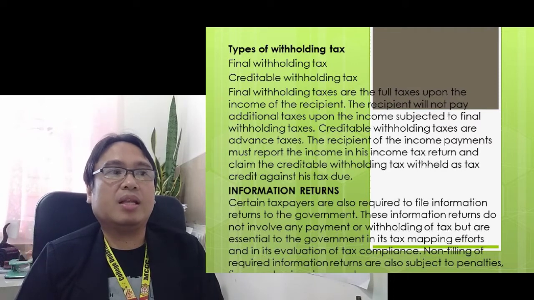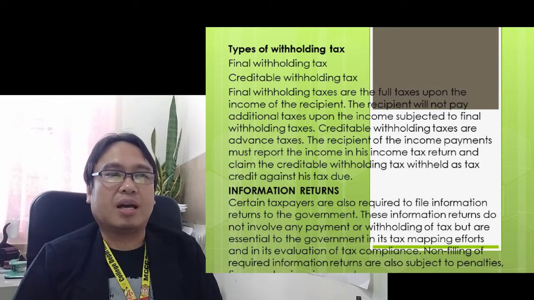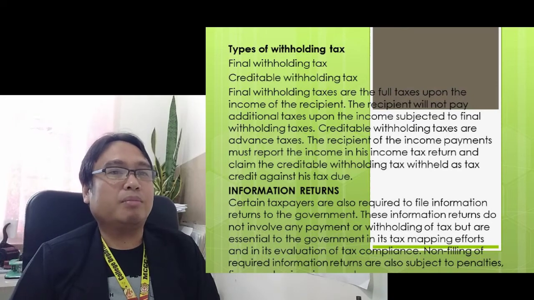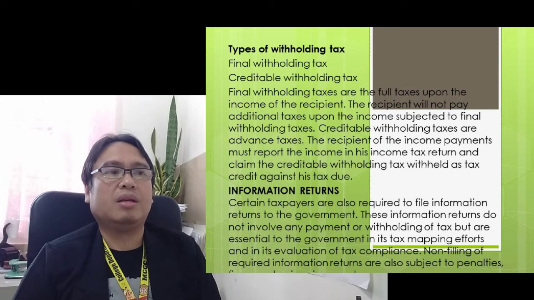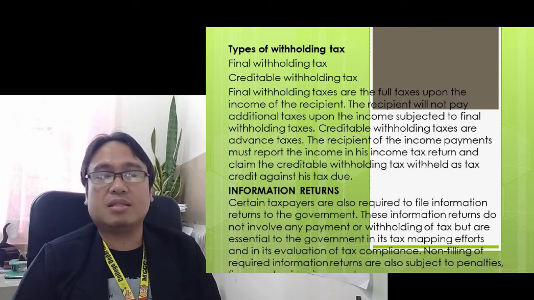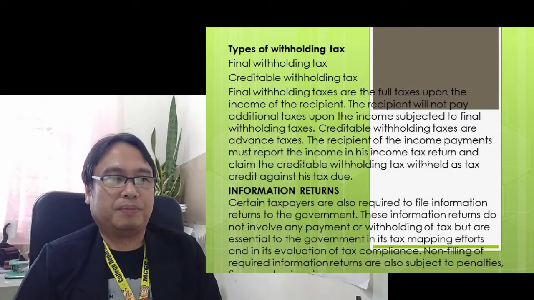The recipient will not pay additional tax upon the income subjected to the final withholding tax. Creditable withholding taxes are advanced taxes. The recipient of income payments must report the income in his income tax return and claim the creditable withholding tax withheld as tax credit against his tax due.